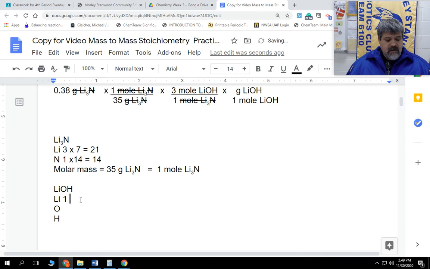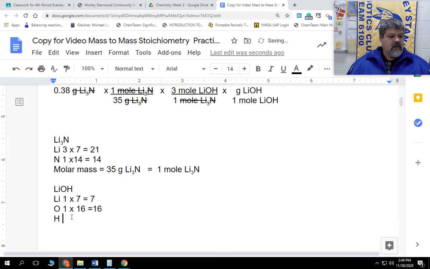So we have 1 times our lithium, which if you remember was 7. And that's going to equal 7. And then we have 1 oxygen, multiply that by the weight of it, which is 16, equals 16.